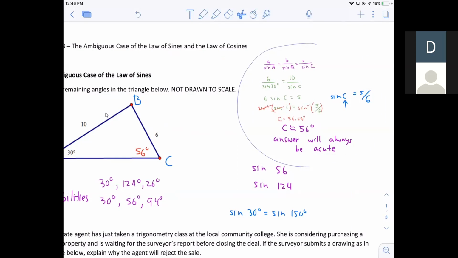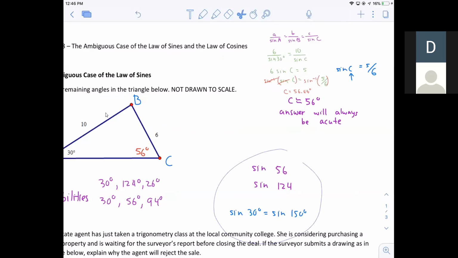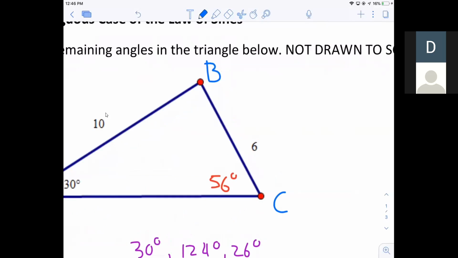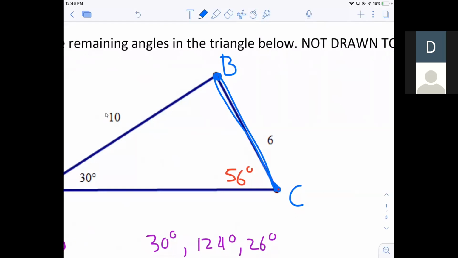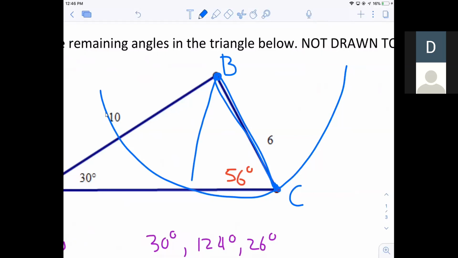And let me draw a picture. The reason this happens is if you think about this length BC fixed at point B, it's like a hinge. If you drew a circle like this, that 6 could swing around and come to the other side.